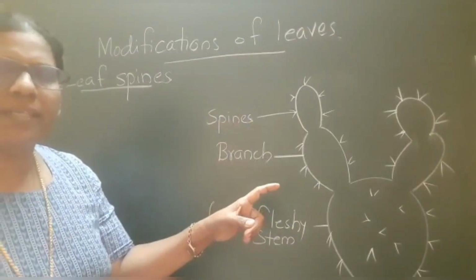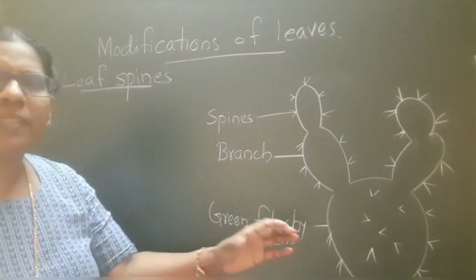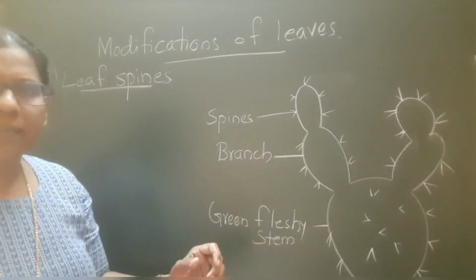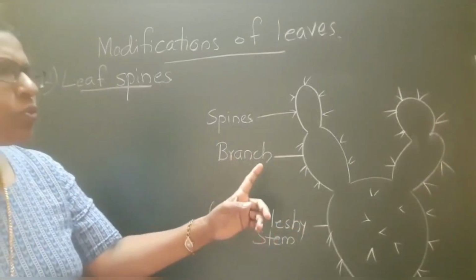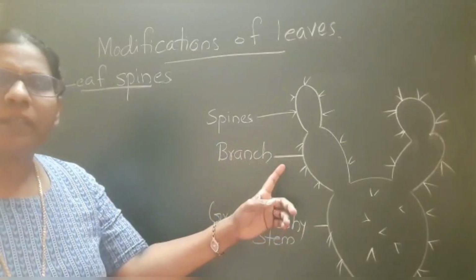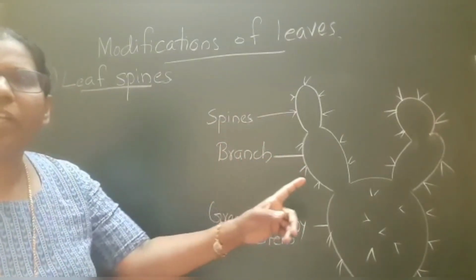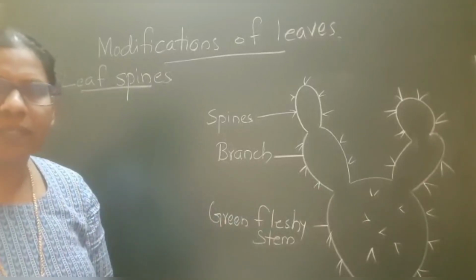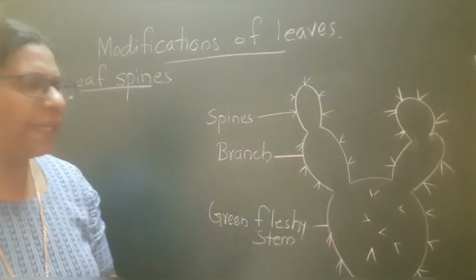The second function is to protect the plant from animals. Animals graze on plants. So, as soon as animals come near this plant, they get hurt by these spines, so they will not eat it. That is the second function of these spines.